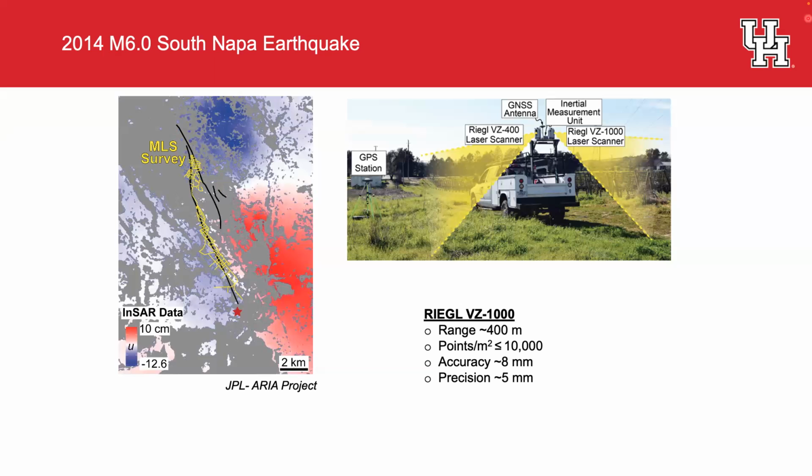What we were using was basically a couple of terrestrial scanners, a VZ400 and a VZ1000, mounted on the back of a truck with a high-end GPS INS. You can see in the picture here, most of this area along here is covered in vineyards.